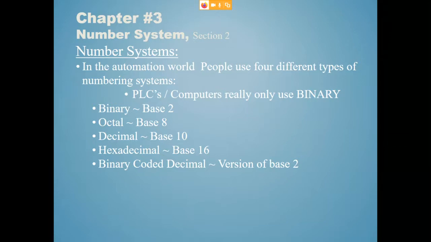The other numbering systems that we see here, base 2 is the binary, but base 8, base 10, and base 16, the computer can display values in any of those, but it's really only truly using the binary numbering system. And then at the bottom here, we have binary coded decimal. Binary coded decimal is not really a different numbering system. It's just an encoding of a numbering system. So we'll look at that here at the end of the slides.